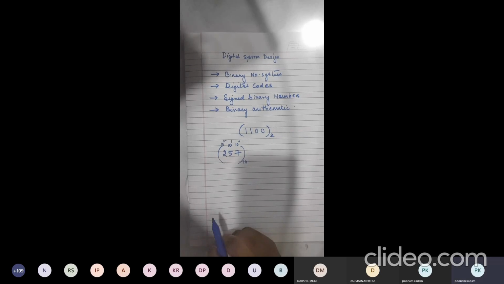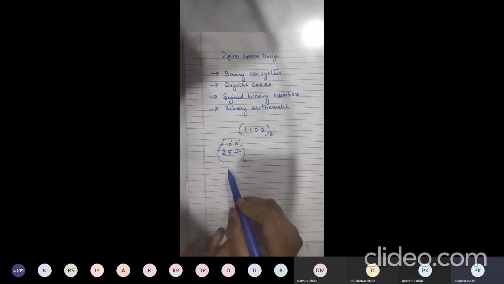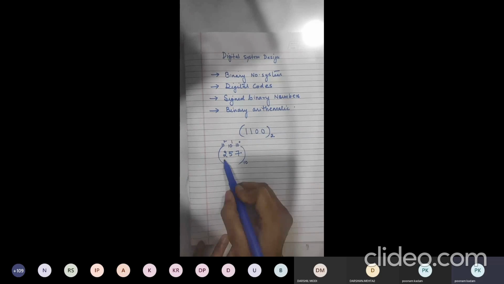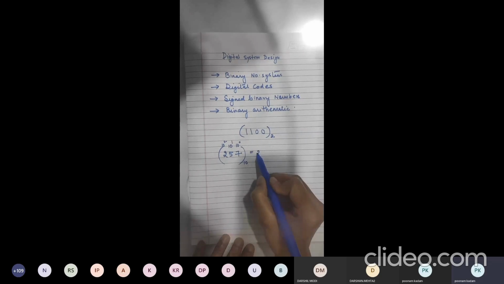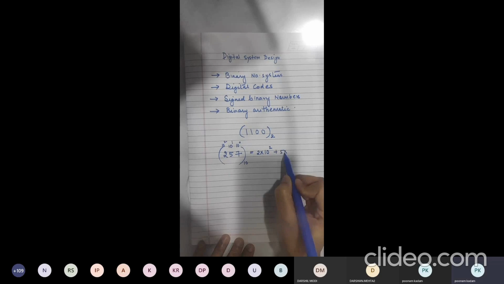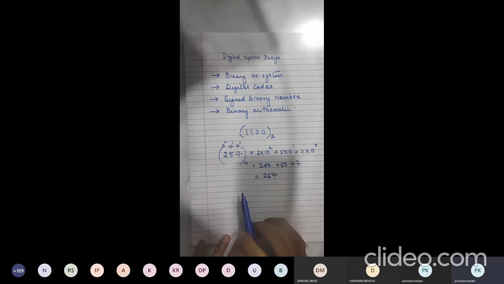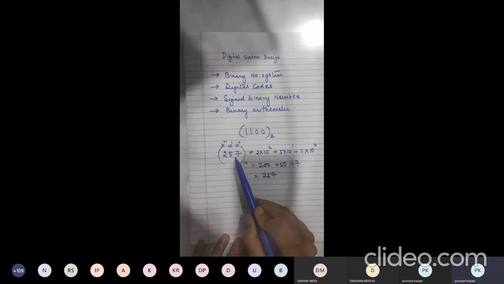Having knowledge of this, we can write this number in expanded form like this: 2 into 10 raised to power 2 plus 5 into 10 raised to power 1 plus 7 into 10 raised to power 0, which is 200 plus 50 plus 7, which means 257. So in order to find the value of any number, we multiply each digit with its associated weight, and then we add all the products.